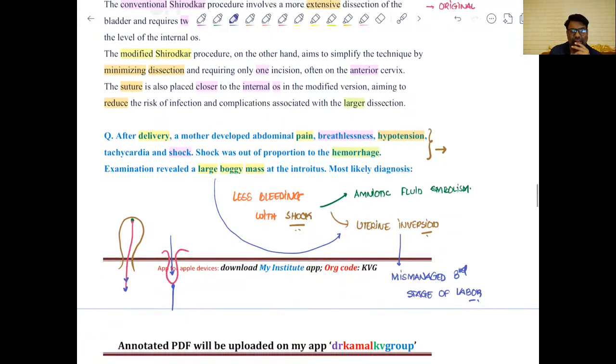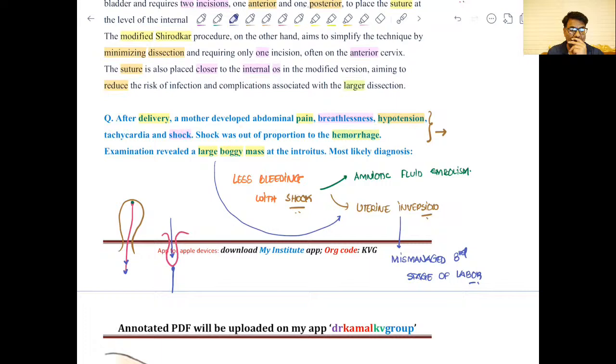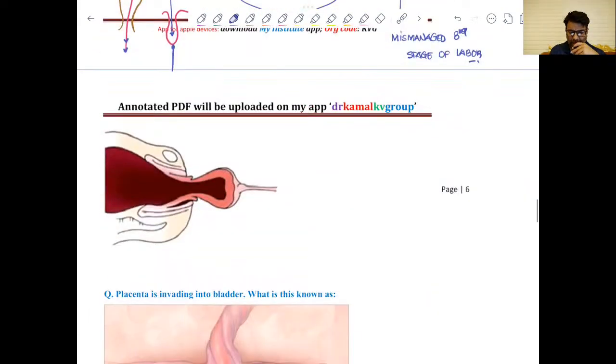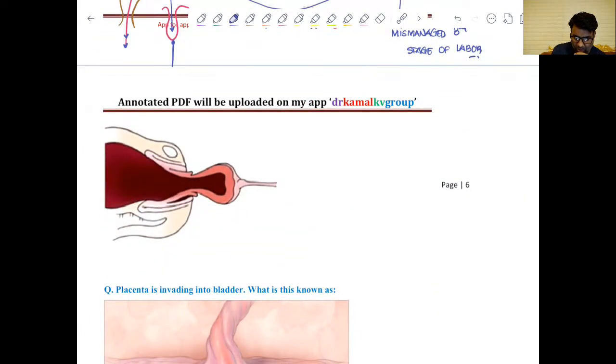Clear? And this is a classical case of mismanagement of the third stage of labor. And this is how you can see, this is all uterus here, and this is the placenta, and this is the umbilical cord, and this is the placenta which is still attached to the uterus.